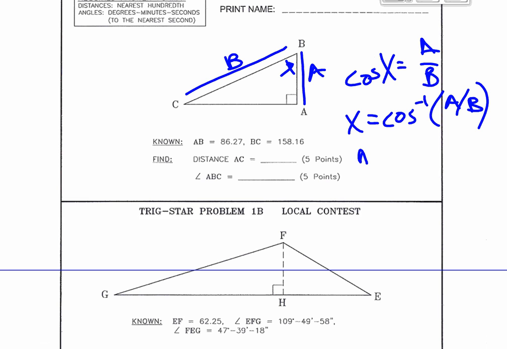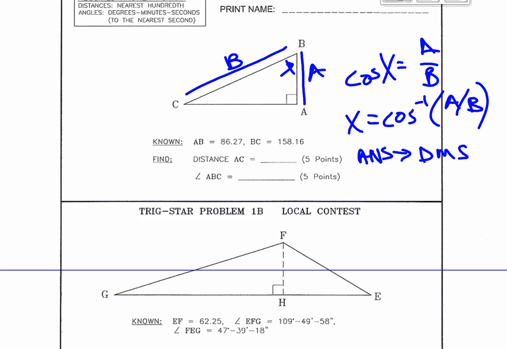And so you're going to do that answer and convert it into degrees, minutes, and seconds using that angle feature. Is everybody good with using that angle feature to change it into degrees, minutes, and seconds? Yes or no?